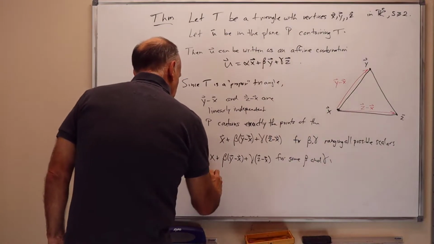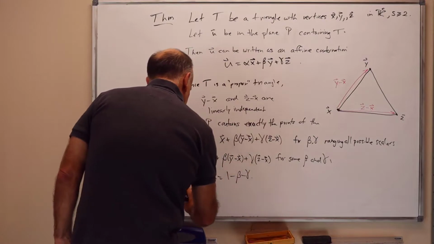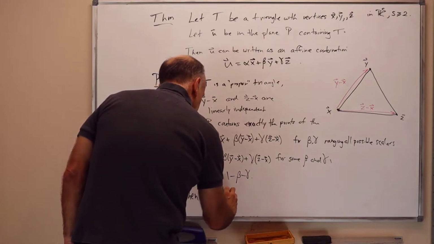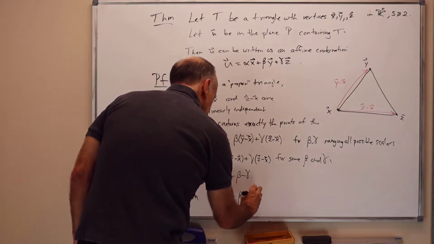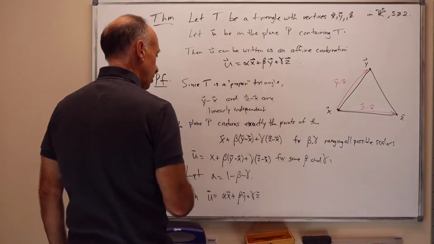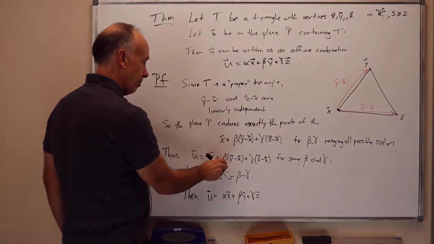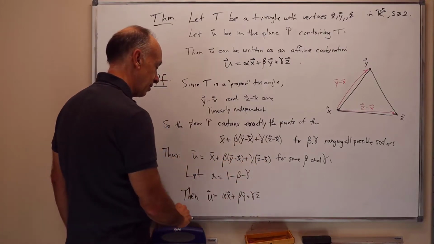If we let alpha then be 1 minus beta minus gamma, then we get U is alpha x plus beta y plus gamma z, because we've just got the 1 times x, beta times minus x, and gamma times minus x gives us the coefficient on x.